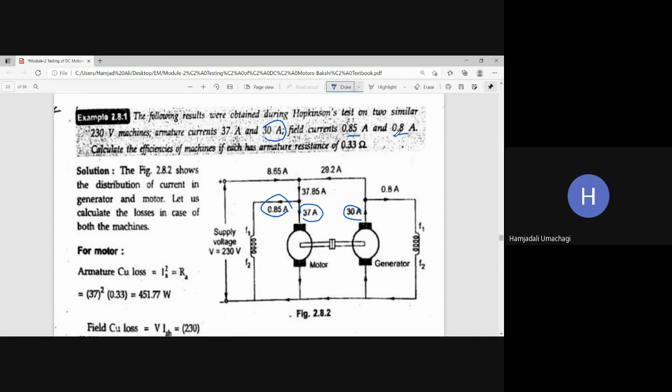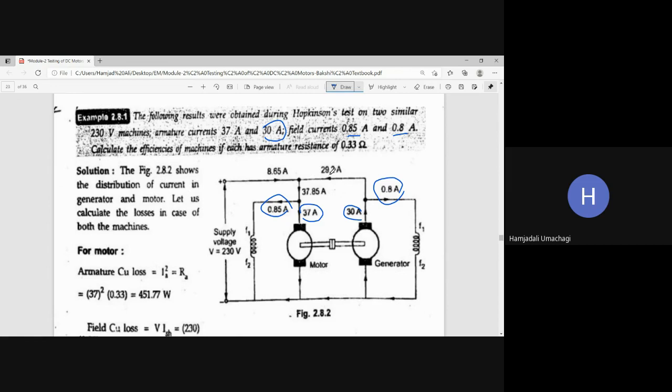Similarly, 0.8 ampere is the field current of the generator. So if 30 ampere is moving in this way and 0.8 is entering into the field, then 30 minus 0.8 is 29.2 ampere. Altogether, we have marked the input currents here, and then finally we calculate the efficiencies of the machines.